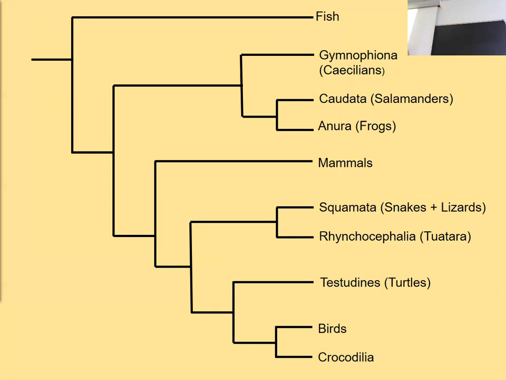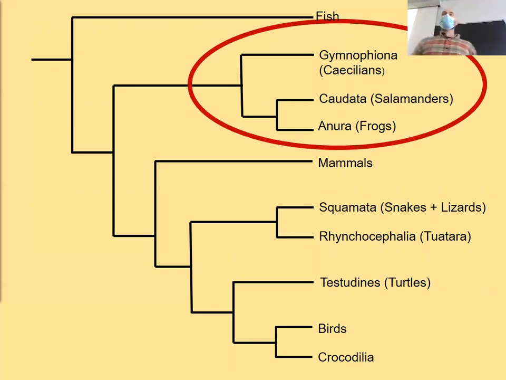So here we have our amphibians, right? And remember, amphibian is monophyletic. It's a true clade because it includes all of these groups from the most recent common ancestor and all of the descendants of that most recent common ancestor. So amphibians is a true clade. Notice that they're sister to the group that includes mammals and reptiles, including birds, right?